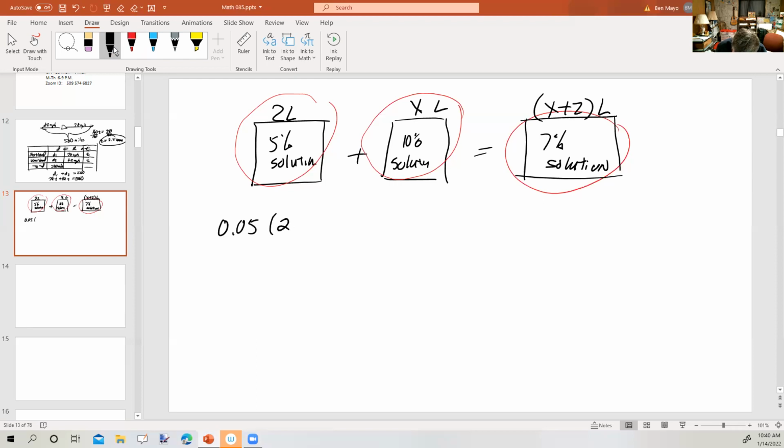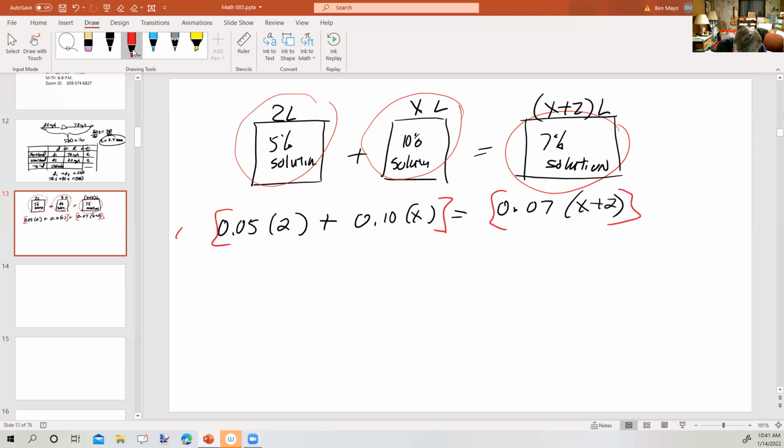5% of 2 plus 10% of X equals 7% of the quantity X plus 2. I asked if there's any questions this morning, but there's nobody else here, so I'll continue on. I'm going to clear the decimals by multiplying everybody by 100.